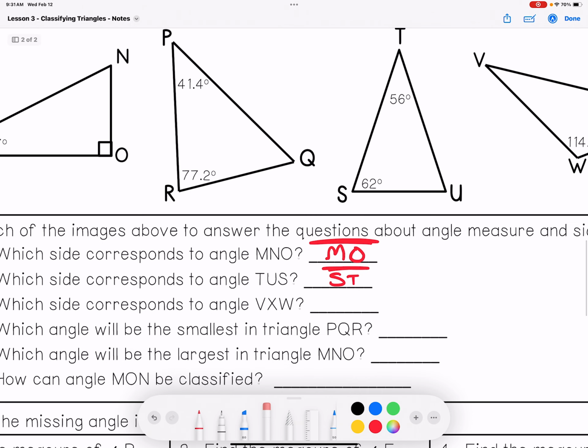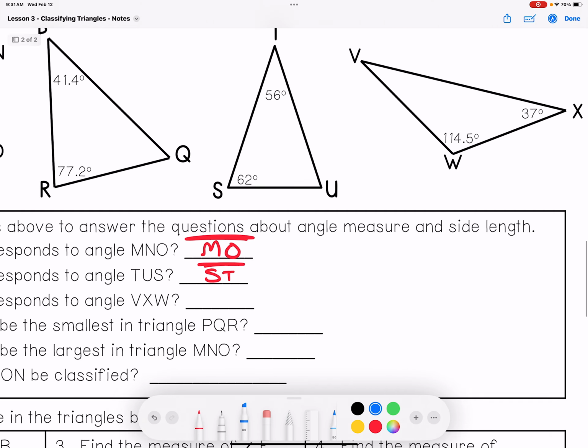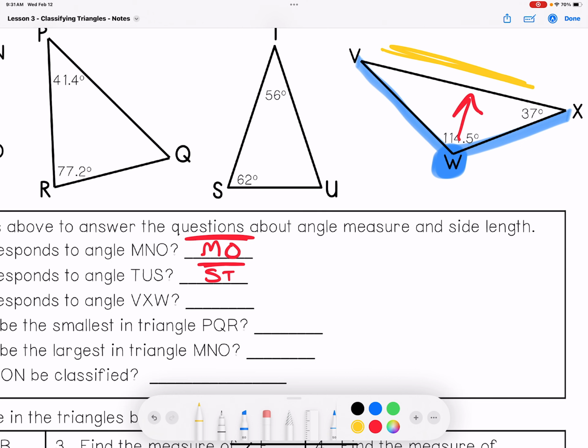Which side corresponds to angle VWX? Which one's in the middle? W. Which one is right across from that? The line is going to be this one, which is VX. And then it's a line segment, so you put a line over it. Oh, I screwed that up.